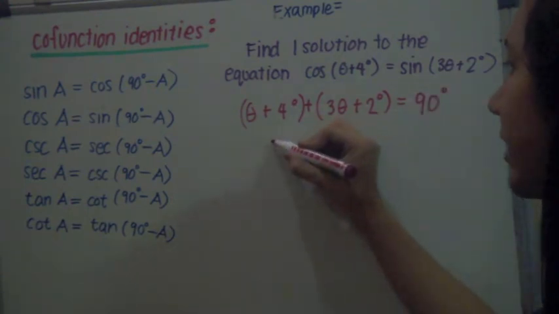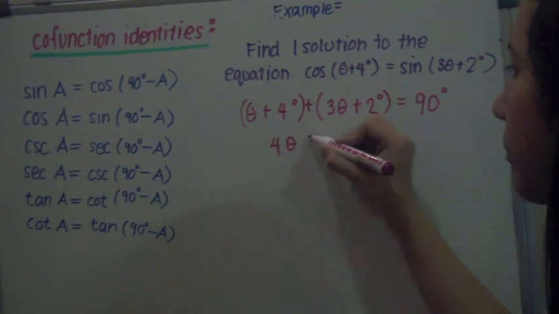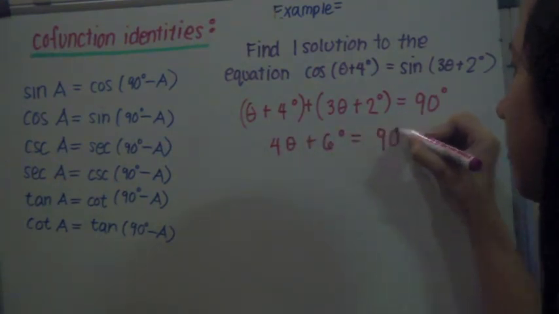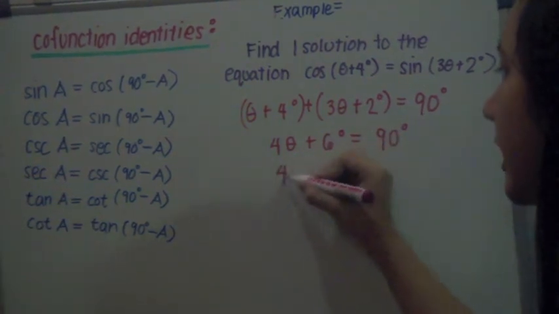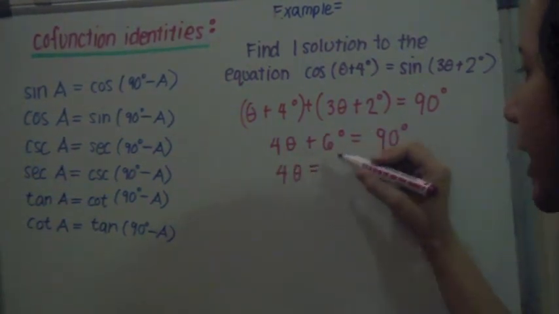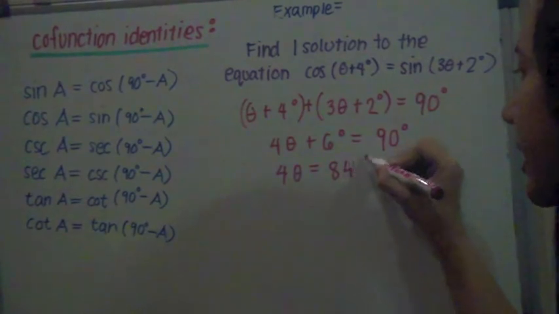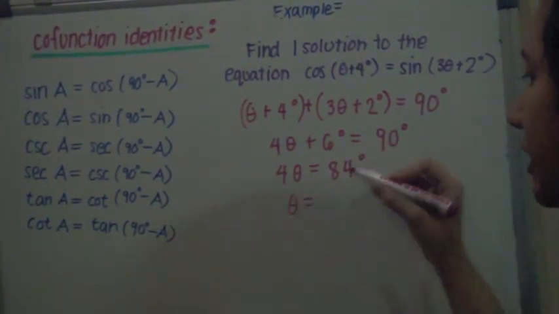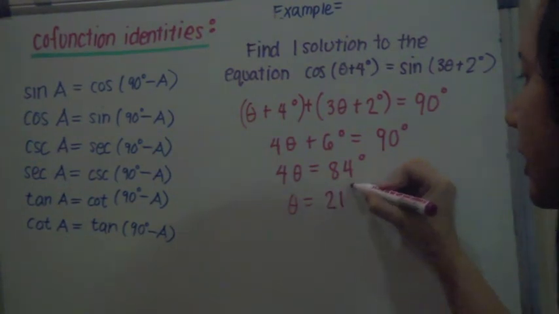Then we add the like terms, so 4 theta plus 6 degrees is equal to 90 degrees. Transpose the 6 degrees, then we get 4 theta is equal to 84 degrees. Divide both sides by 4, and then our final answer will be theta equals 21 degrees.